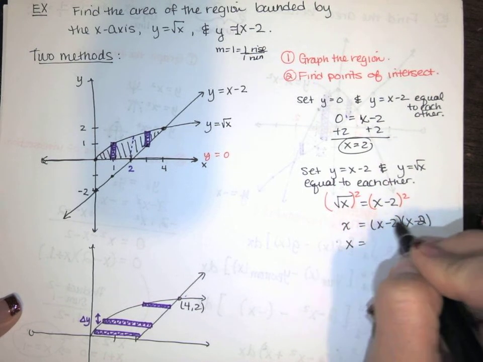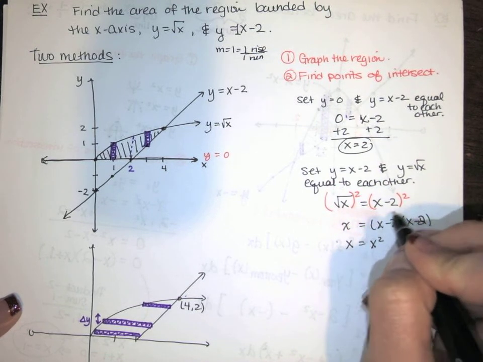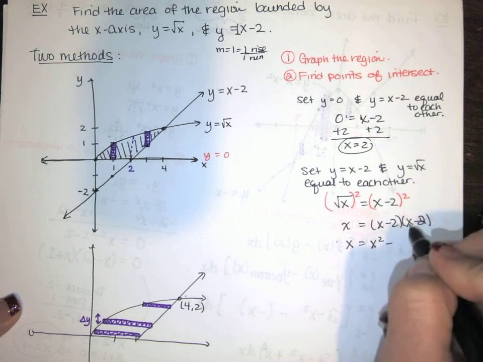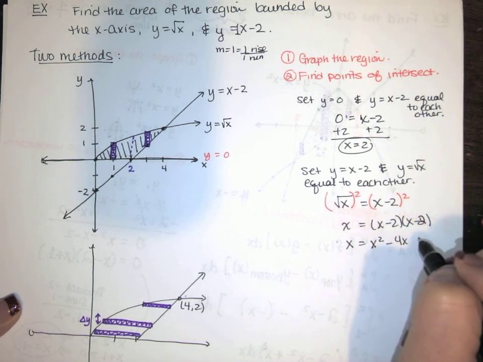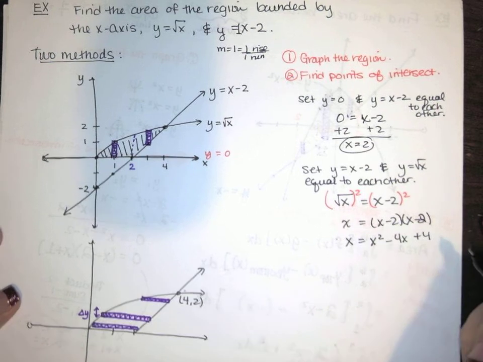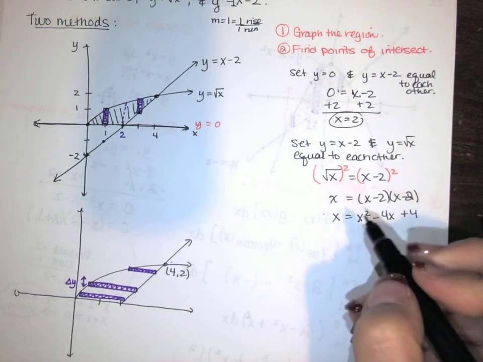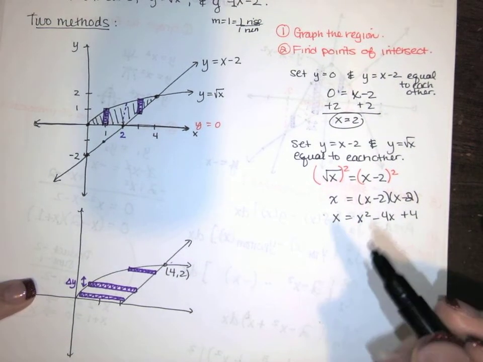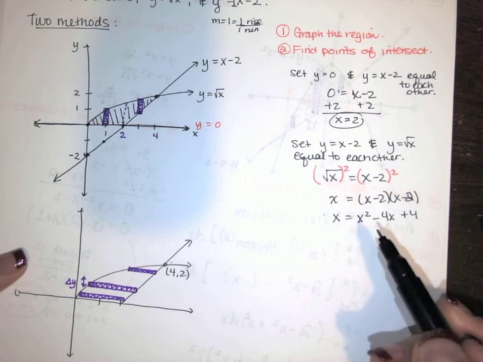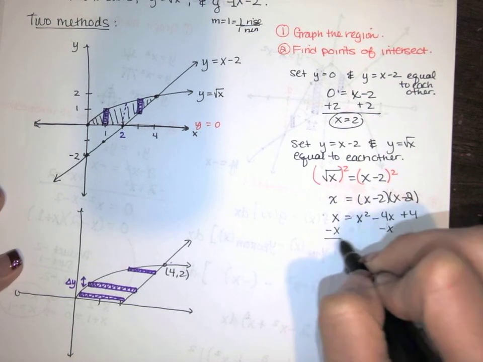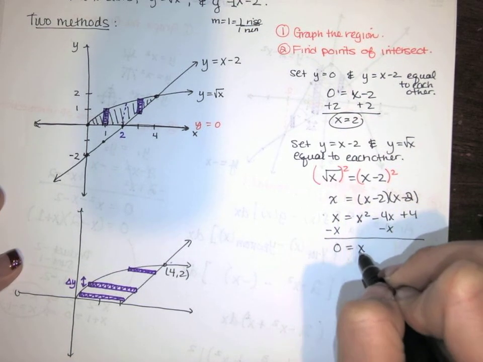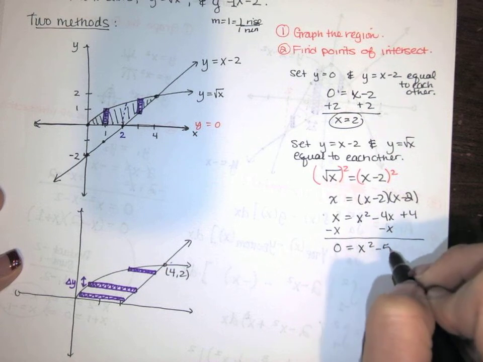So you FOIL: first times first is x squared, outer times outer is negative 2x, inner times inner is another negative 2x, so we get negative 4x, and last times last is 4. And now it's an equation that I know how to solve. Well, I knew how to solve that one too, but it looks more familiar. It's a polynomial equation. So we're going to subtract x from both sides, and we get this.